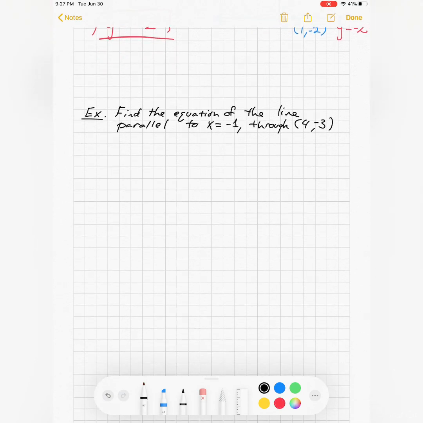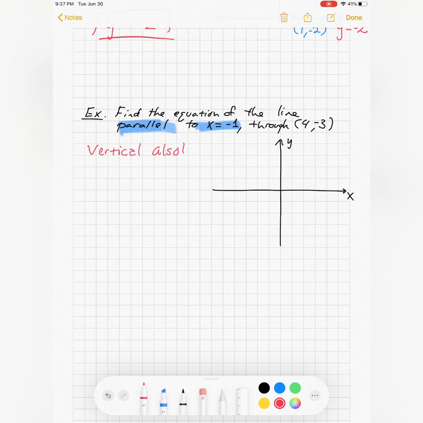Another special case, parallel to x equals -1 through 4, -3. So again, parallel to x equals is a vertical line. Okay, so I know my line is going to be vertical also. So it's going to be x equals a number.